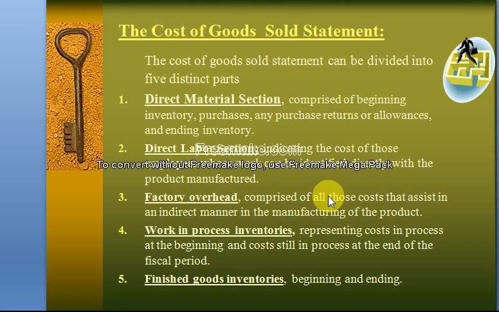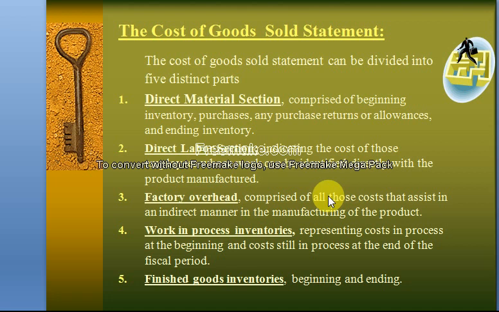Direct labor section. So the direct labor section is, as its name indicates, direct labor. These are those wages which are used by the manufacturing company, which are directly related to the production.